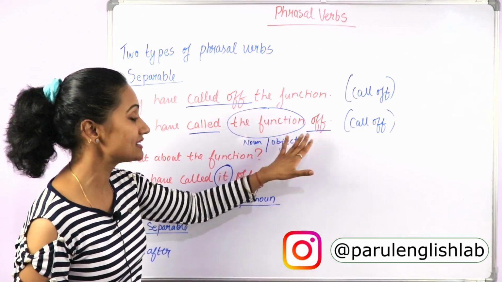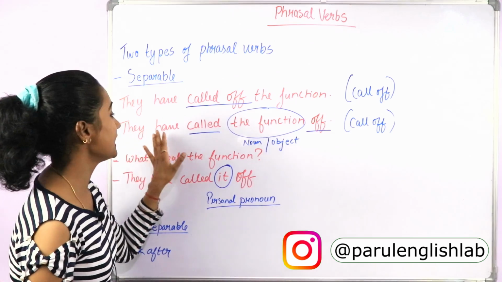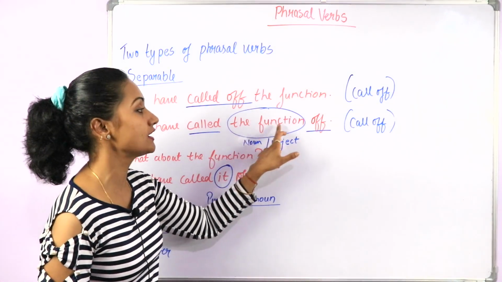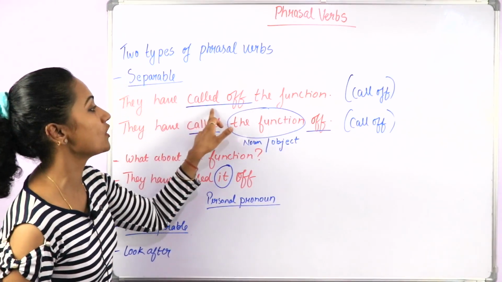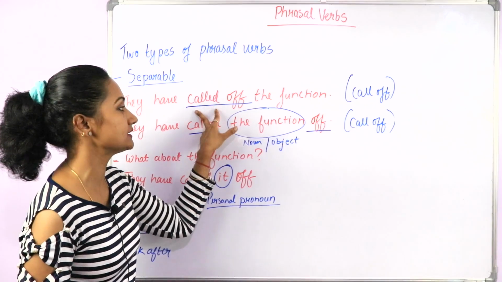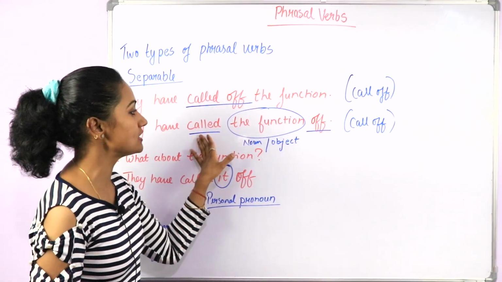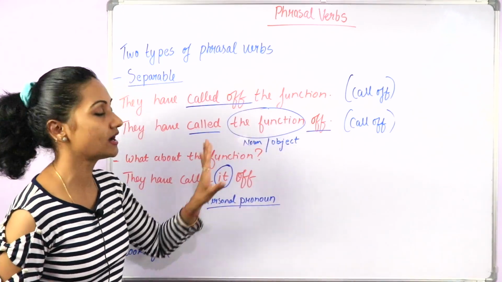They are separated by a noun or an object. Like they have called, then the noun or object, the function, of. Now in the first sentence, they have called off the function. So here they are together, called off, and here they are separated, called, then an object, and then off. So they both are correct.